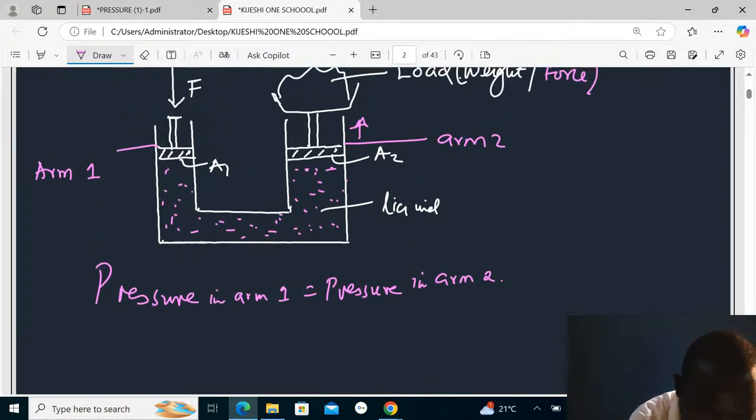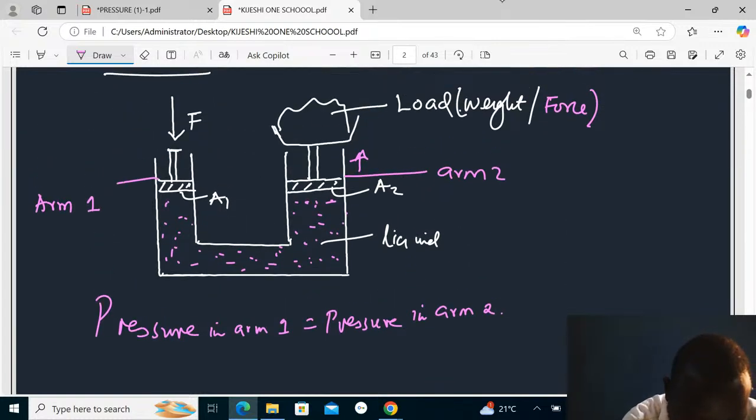We know that pressure is given by force over area. Therefore, pressure in arm 1 will be given as the force F. Let's specify it to be force 1, and we say this one is force 2. Force 1 over area 1 is equal to force 2 over area 2.